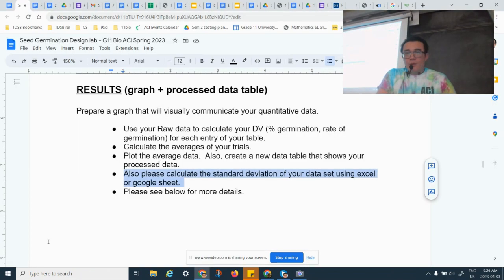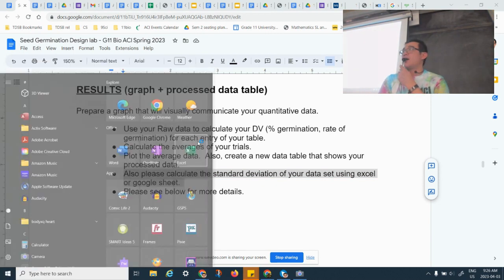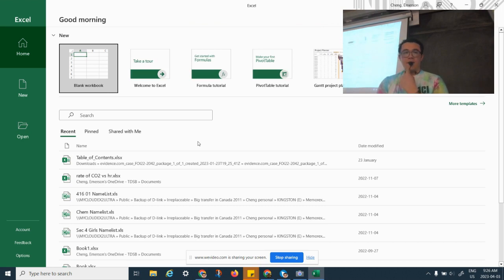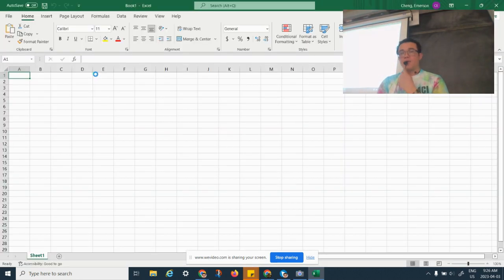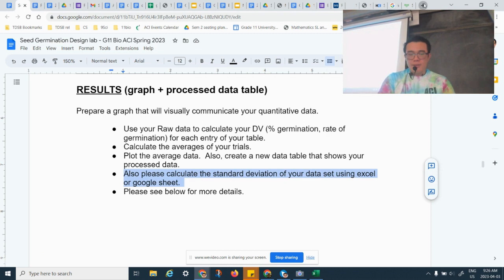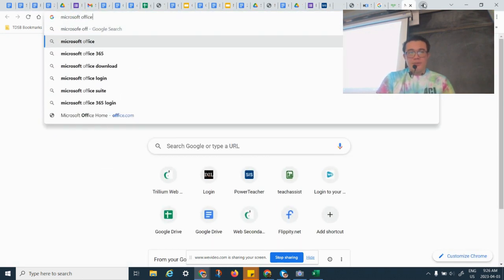Yes. So let's just say, and I will strongly recommend you guys use Excel. Okay, if you don't have Excel on your computer, you can access it on, what is it? Microsoft Office.